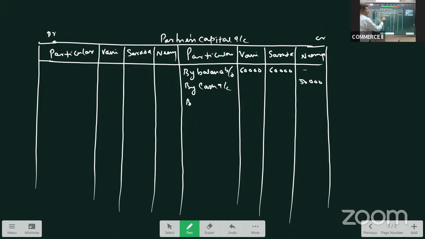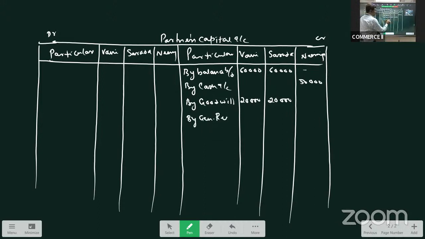What is the second one? Goodwill. Goodwill is distributed to old partners, 20,000, 20,000. Then any accumulated profit, general reserve or P&L balance? We don't have any such item. We have bills payable, bank overdraft, rent payable, but we don't have any general reserve or P&L balance.